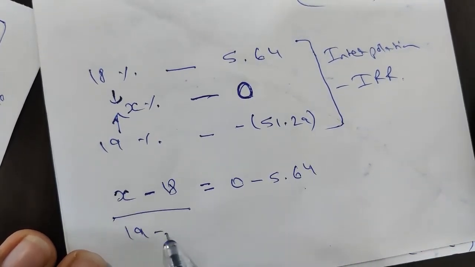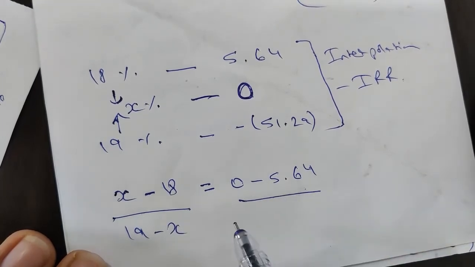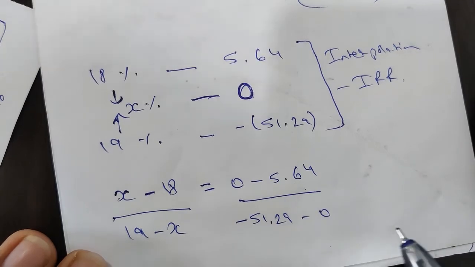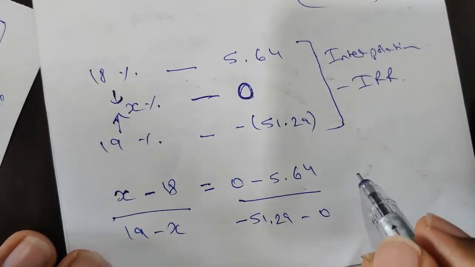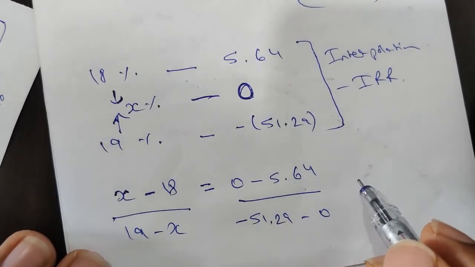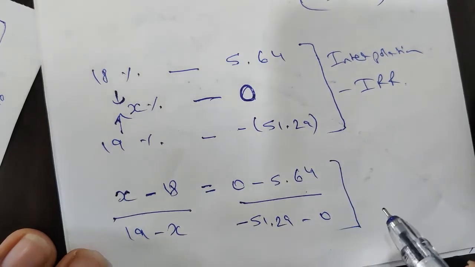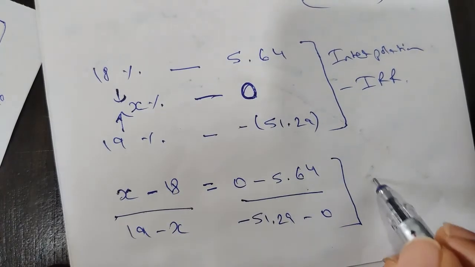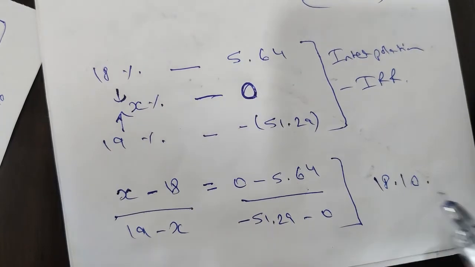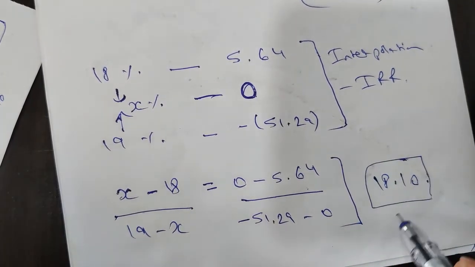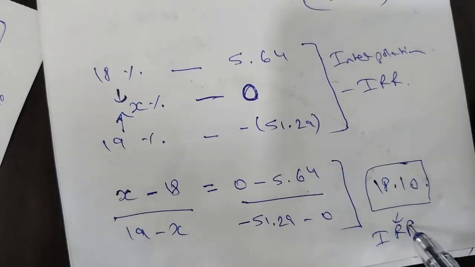Similarly, 19 minus X will give you minus 51.29 minus 0. So you have to solve for X in this. If you solve it for X, your X becomes 18.10. So this is nothing but your IRR.